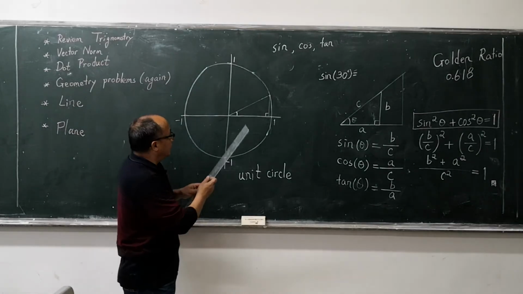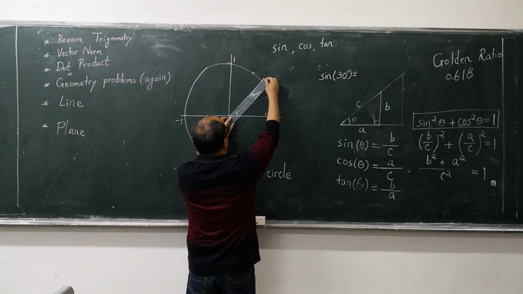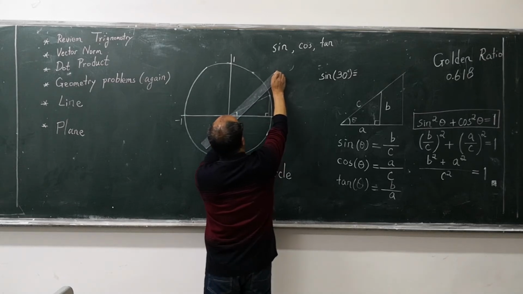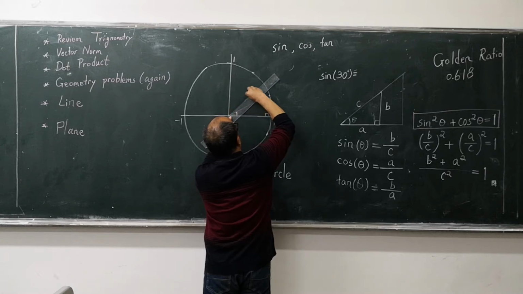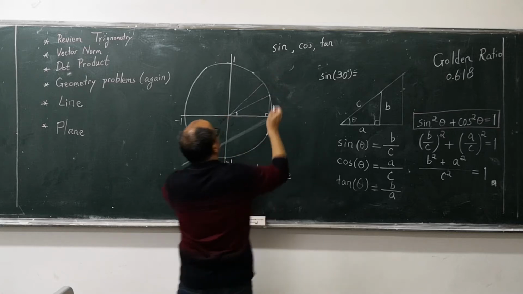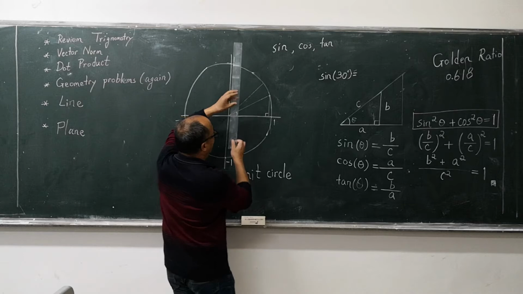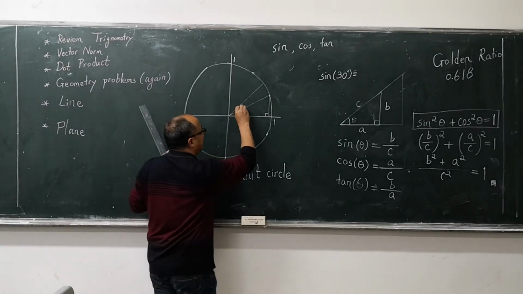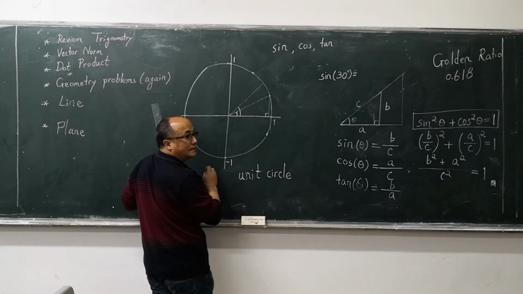So if I'm turning over here 45 degrees, where is the sine? Where is this big sine?